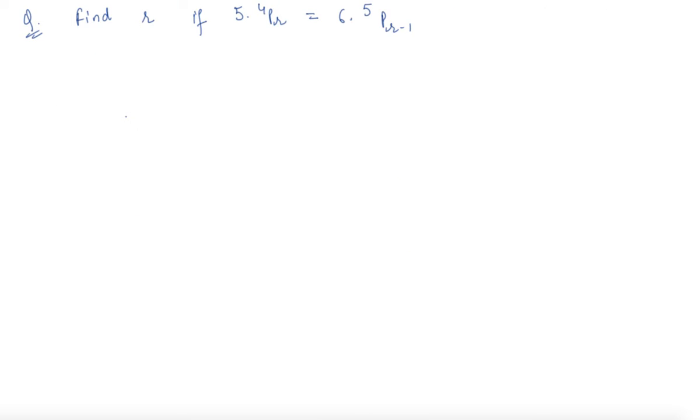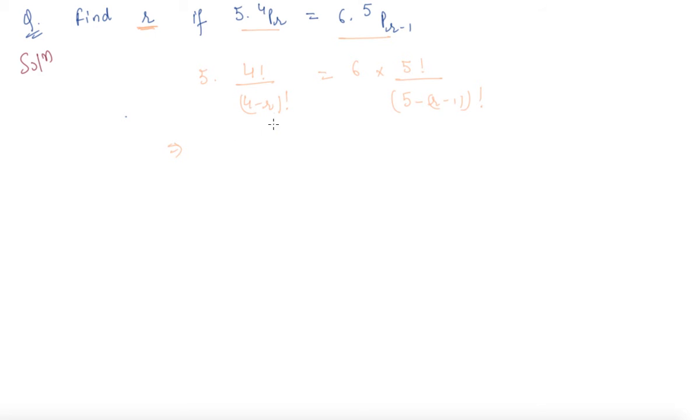So students, here we are given a question in which we have to find r, where a relation is given to us: 5 multiplied by 4Pr. I will apply the formula. 4Pr is 4 factorial upon 4 minus r factorial, equals 6 times 5P(r minus 1), which is 5 factorial upon 5 minus (r minus 1) factorial.